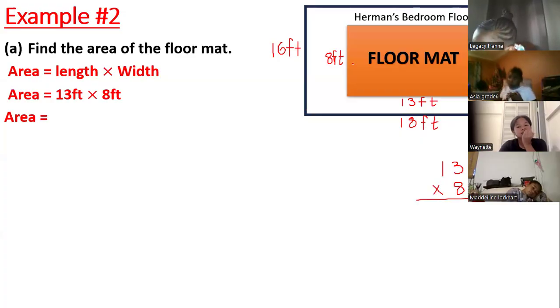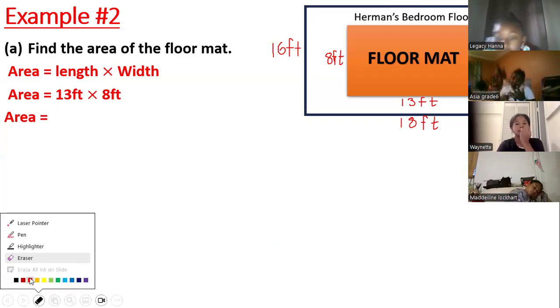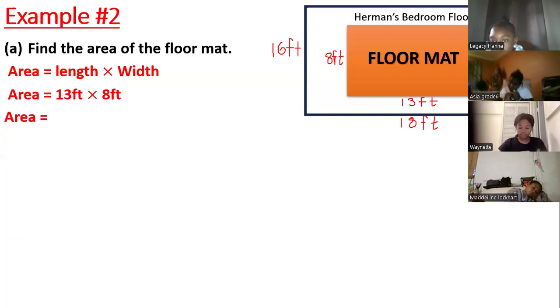Wait, let me do this on the other side. So it's going to be 13 times 8. So 8 times 3 is 24. Madeline, you have to set up.